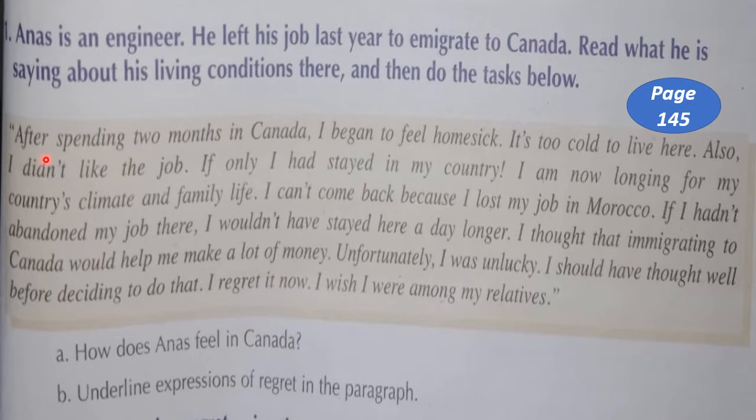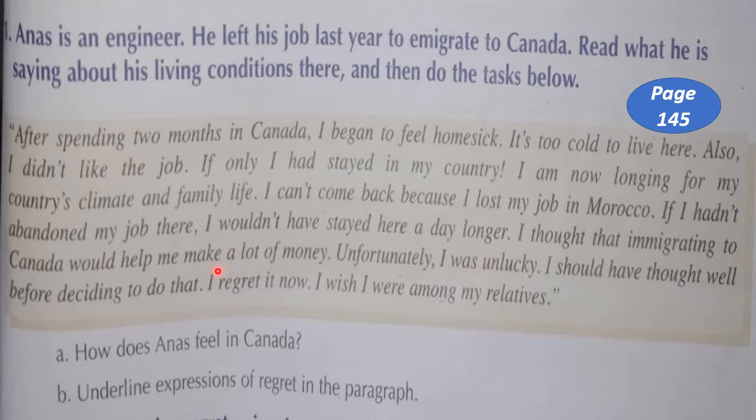So, after spending 2 months in Canada, I began to feel homesick. It's too cold to live here. Also, I didn't like the job. If only I had stayed in my country. I am now longing for my country's climate and family life. I can't come back because I lost my job in Morocco.